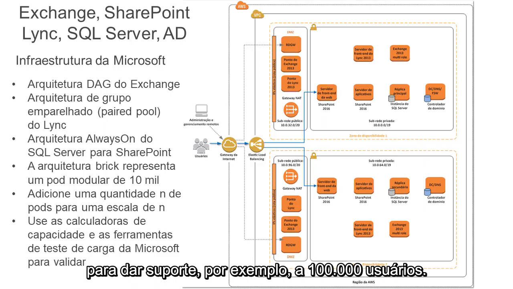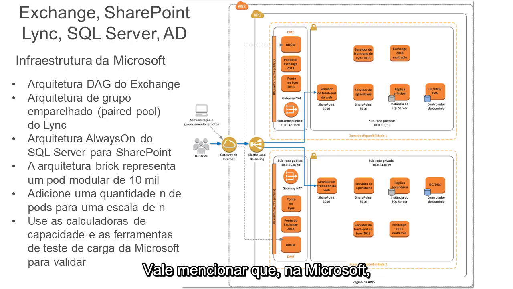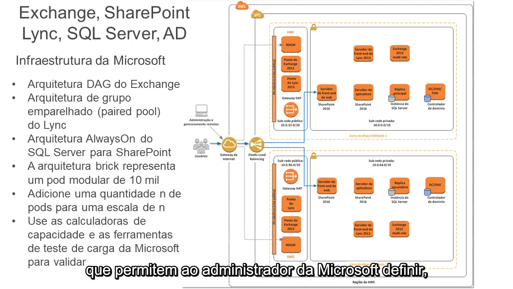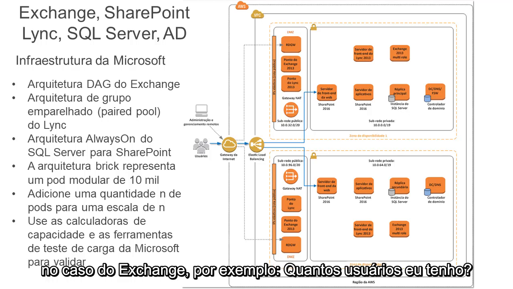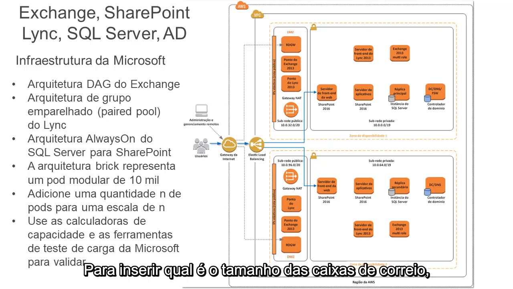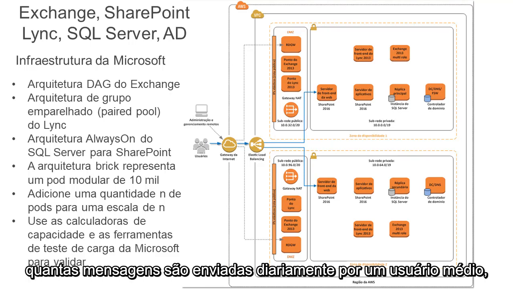I should mention that in the Microsoft world, these servers have capacity calculators that allow the Microsoft administrator to define, in the case of Exchange, for example, how many users do I have? Typically, that's the same as how many mailboxes I have. What is the size of the mailboxes? How many messages are sent on a daily basis by an average user?